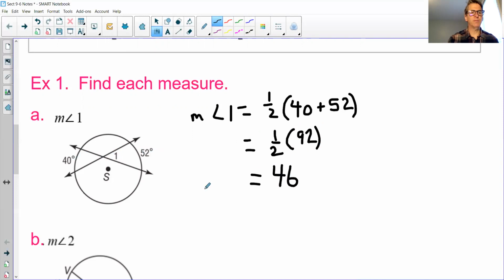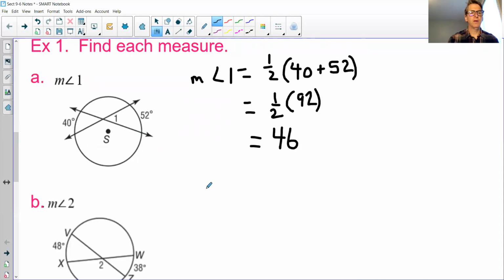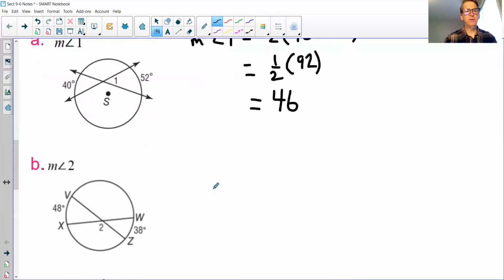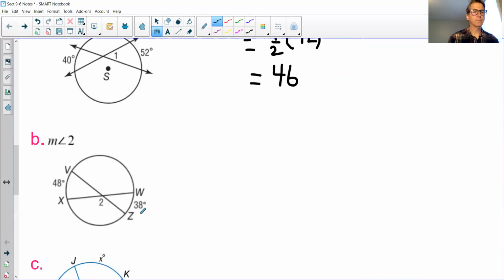Let's look at example 2. The measure of angle 2. Okay, so angle 2 is here, and we have ourselves 48 and 38. So we're going to find this measure here first.